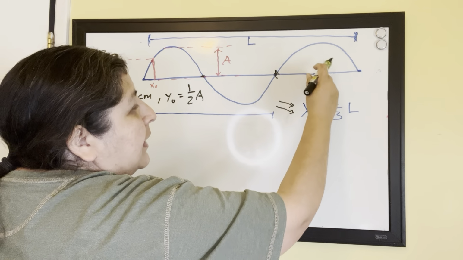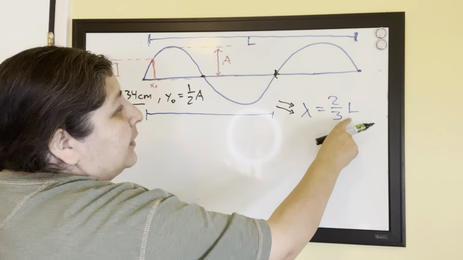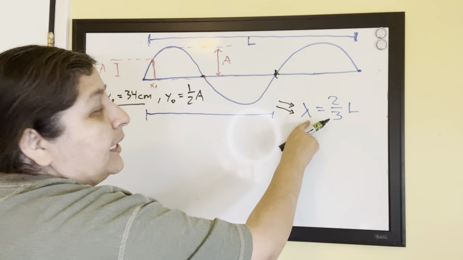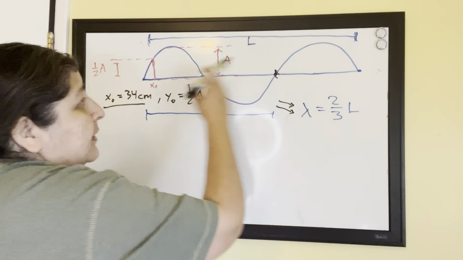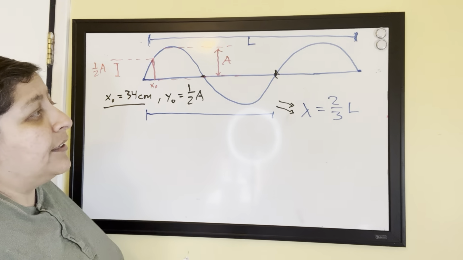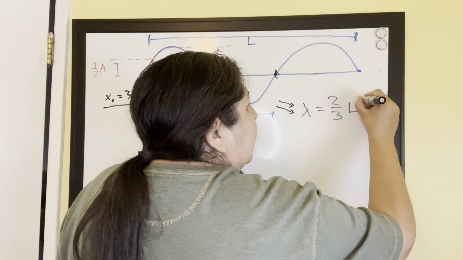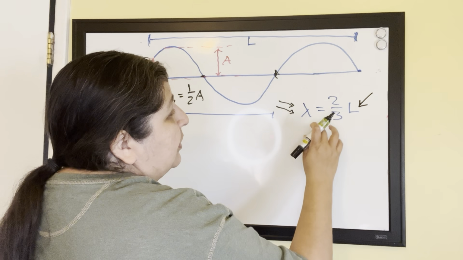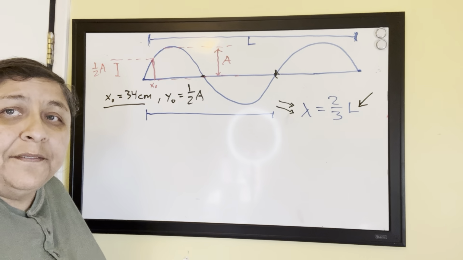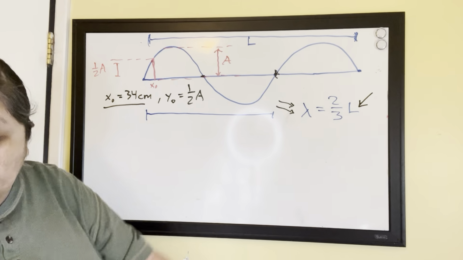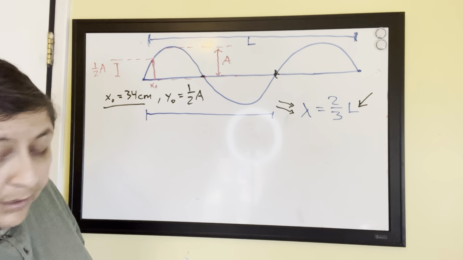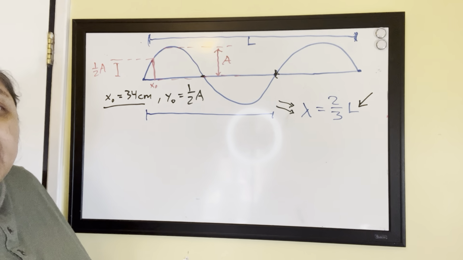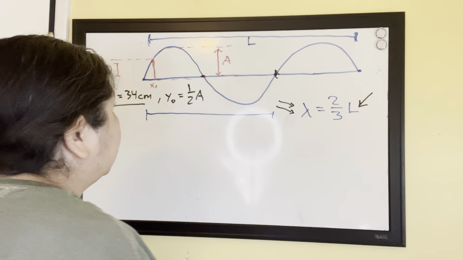And so that's 1 1/2 wavelengths being represented on the total length. So we need to know L, the length of the string, in order to figure out lambda, the wavelength, which is what we're looking for.